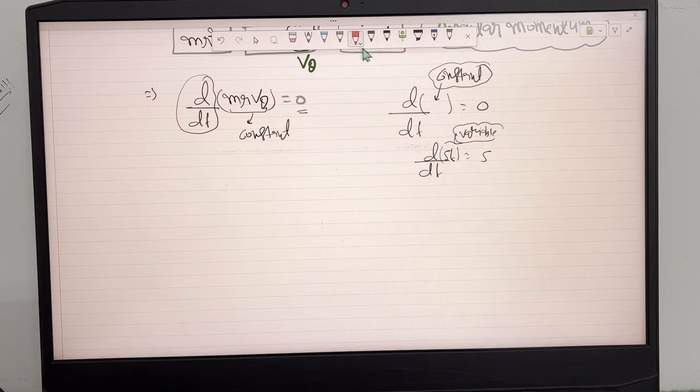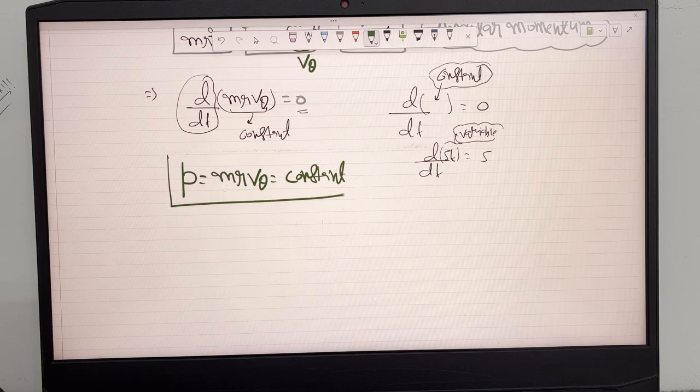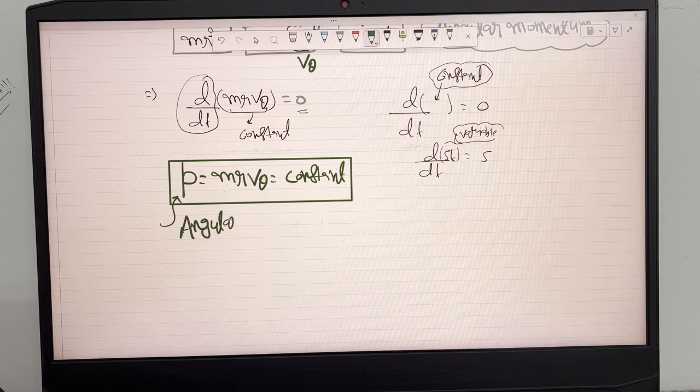So this is called your p, that is equal to m r b theta, which is constant. And what is this? This is your angular momentum, as I told earlier. Angular momentum, guys.